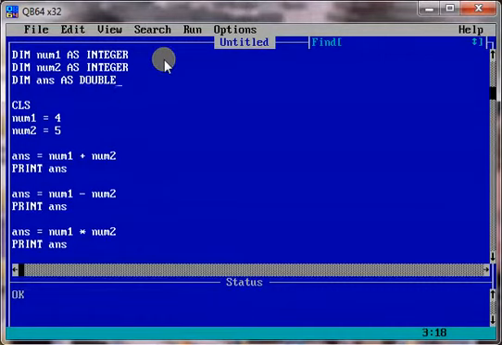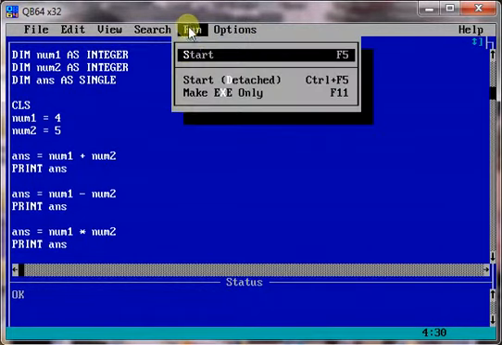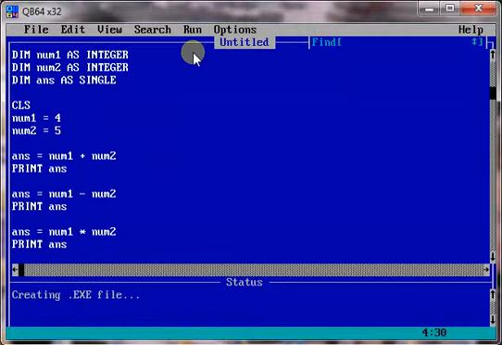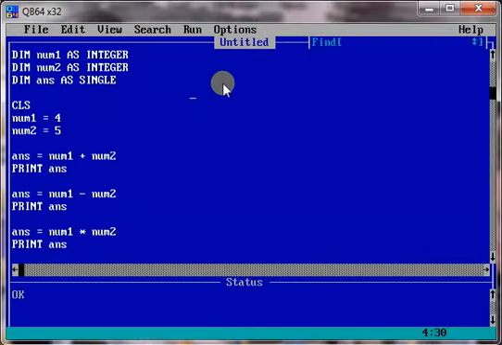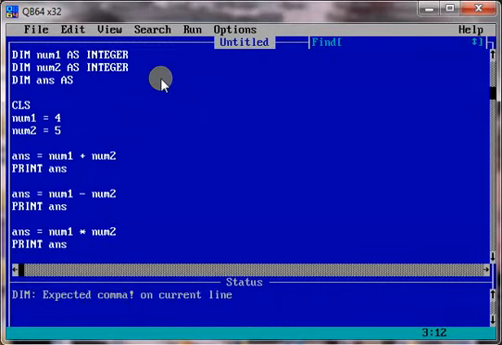So let's use a single. Okay, let's try that. Still 1.8. Say float. Oh, it's not accepting.